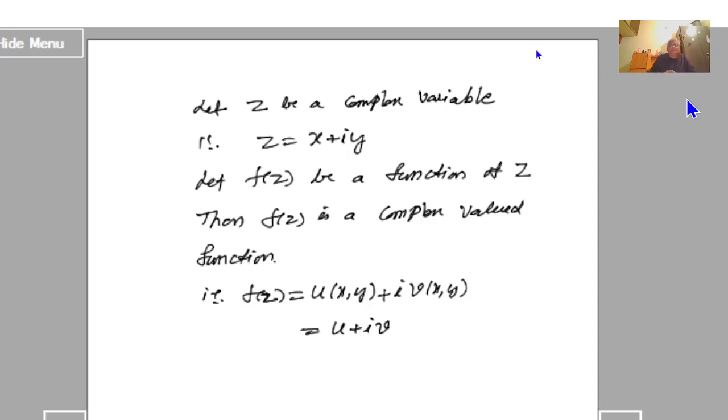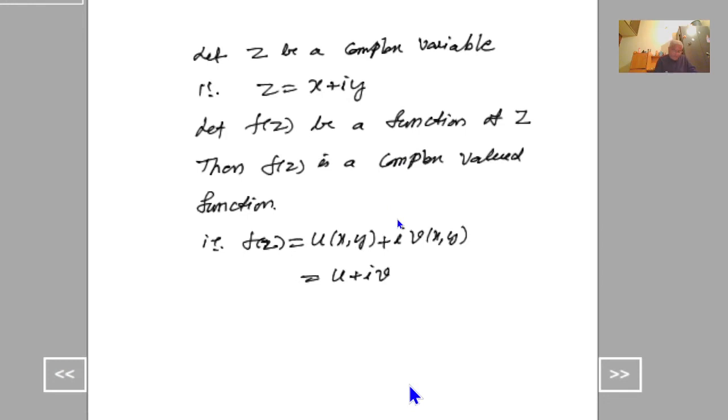Now here, I will define the analytic function.